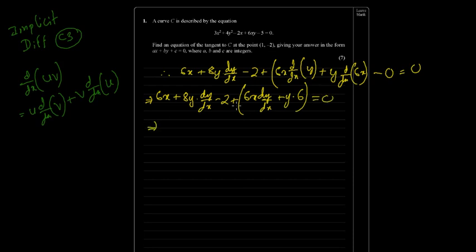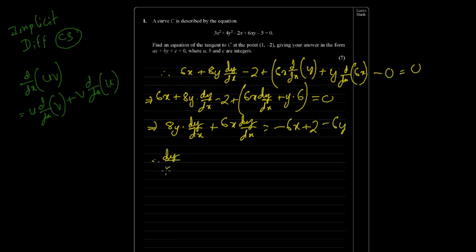So here what we can do is take all the dy by dx on one side and all the other stuff on the other side. So this is 8y dy by dx plus 6x dy by dx, and I'm sending this 6x to the other side, so minus 6x. I'm sending this minus 2 to the other side, so plus 2, and y into 6 is 6y, so minus 6y.